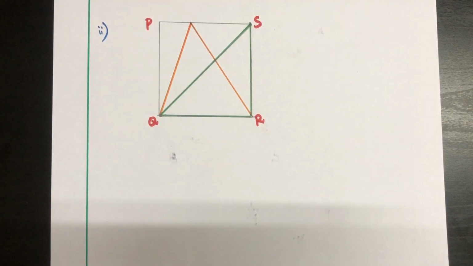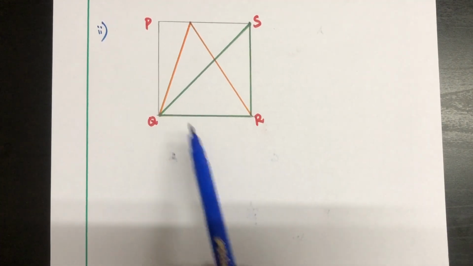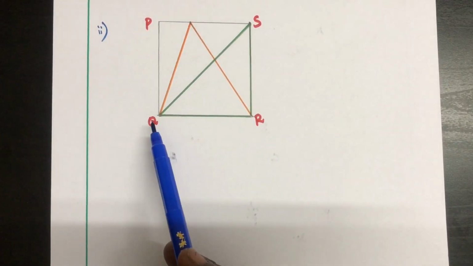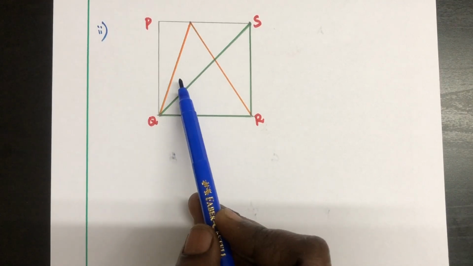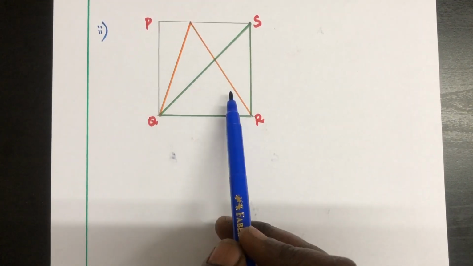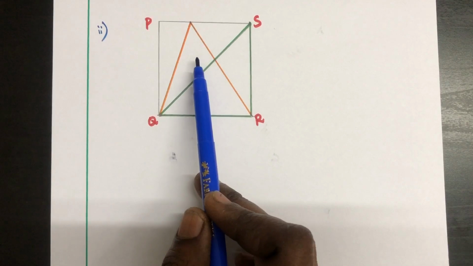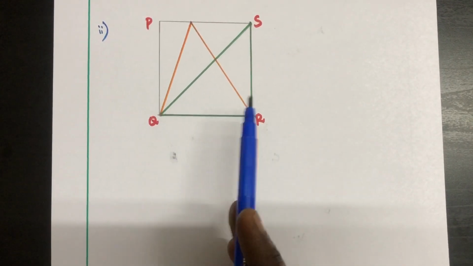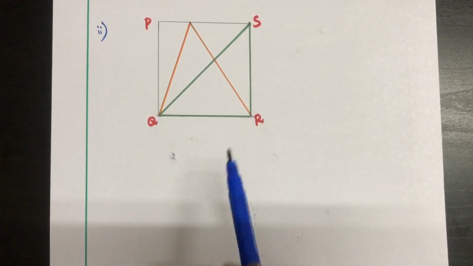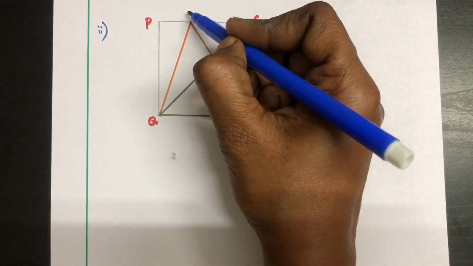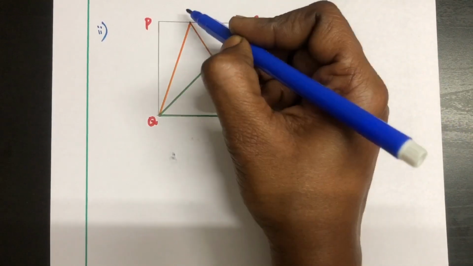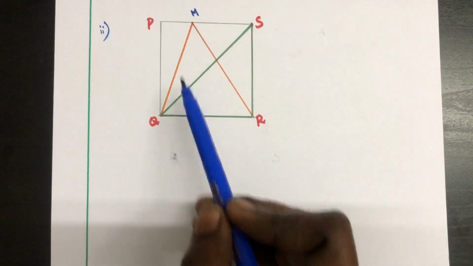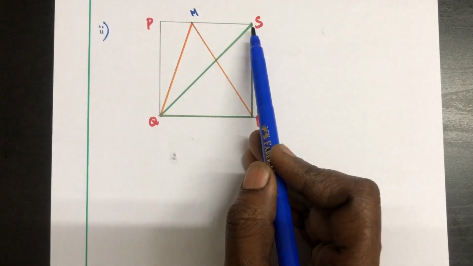Now we need to take two triangles in the same squared sheet, in the same square, and prove that even though they are in the same square, they are not congruent. Let us name this point M. See here, PQRS is a square.